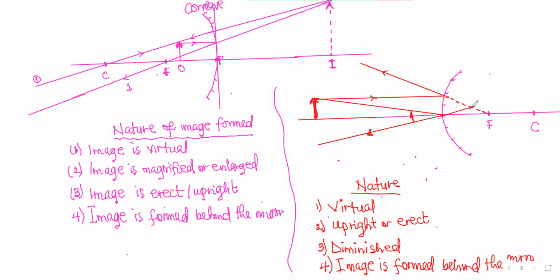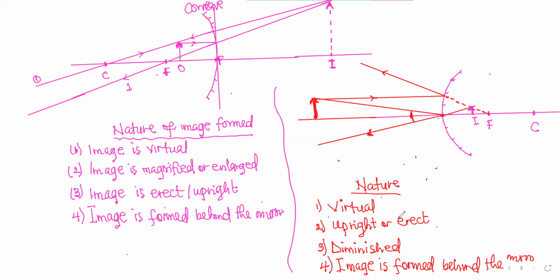So the reflected rays appear to meet at this point. Where they appear to intersect is the head of the image. The foot is always on the principal axis. So when we look at it, yes, the image is virtual because it is behind the mirror, formed due to the apparent intersection of rays.